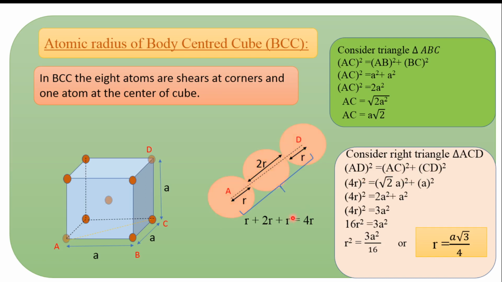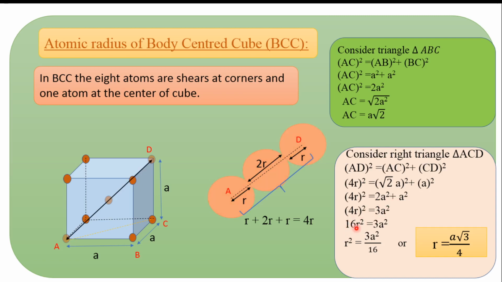But AD is 4R, so 4R square is equal to AC square, that is under root 2A square, plus CD, that is the edge length A. So 4R square is equal to 2A square plus A square, that is 3A square.